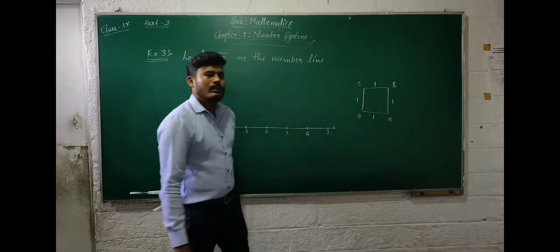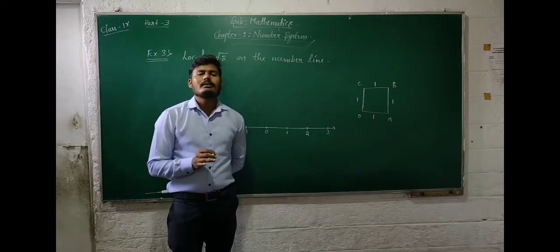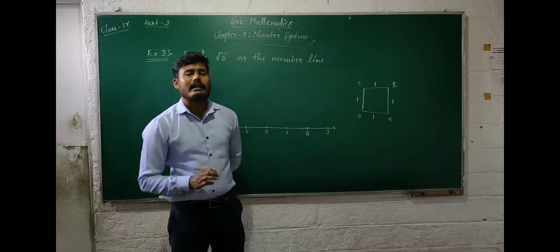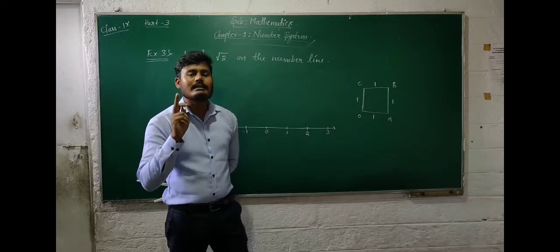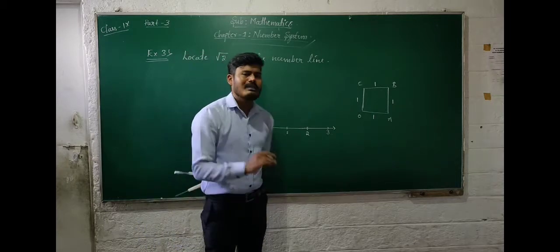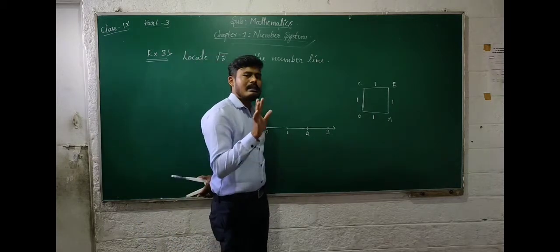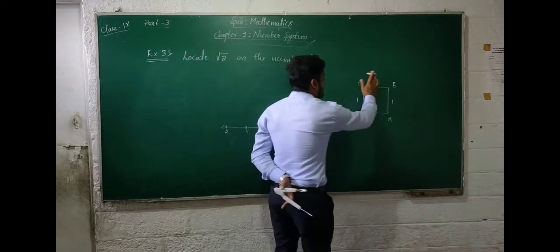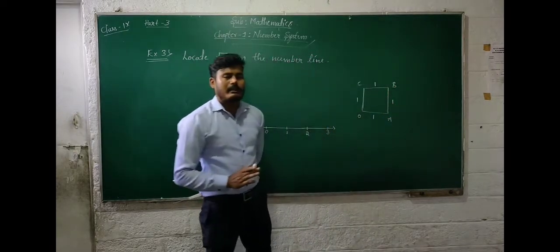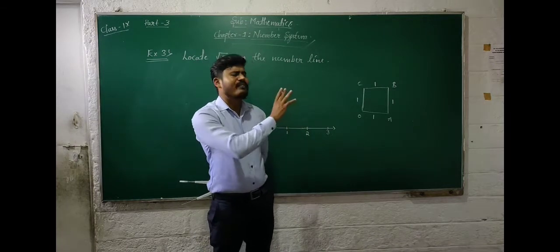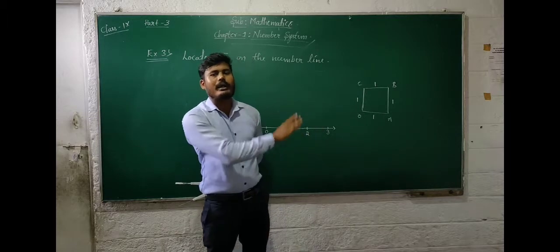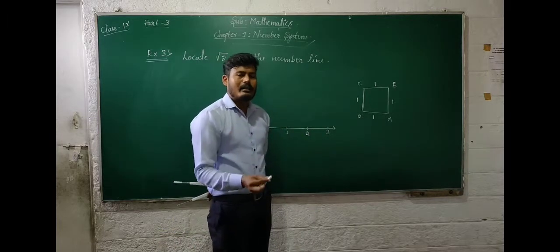Square means a quadrilateral in which each and every side has the same measurement, so all sides are equal. So the measurement of each and every side of the given square is equal to 1 unit.